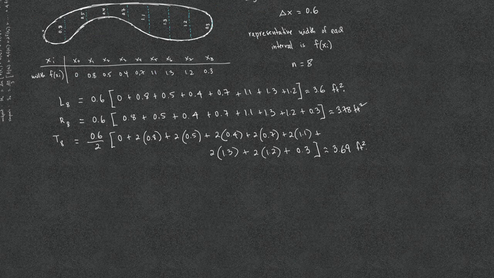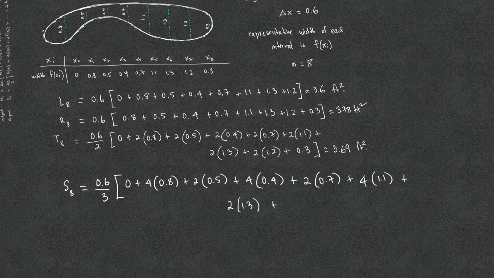Using the Simpson rule, we take delta x divided by 3, which is 0.6 divided by 3, times the sum of f of x sub 0 plus 4 f of x sub 1 plus 2 f of x sub 2 plus 4 f of x sub 3 plus 2 f of x sub 4 plus 4 f of x sub 5 plus 2 f of x sub 6 plus 4 f of x sub 7 plus 1 f of x sub 8.